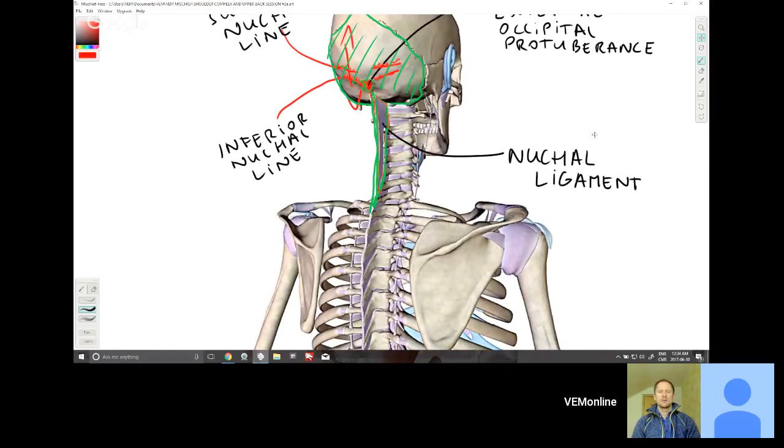Levator scapula, as the name states, is a muscle that elevates the scapula, right? Levator, like elevator. It's going to connect this point here to this point here, going up like that.